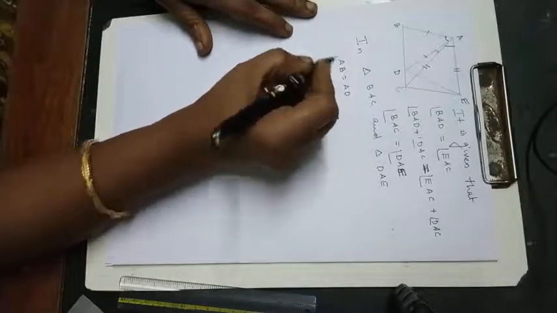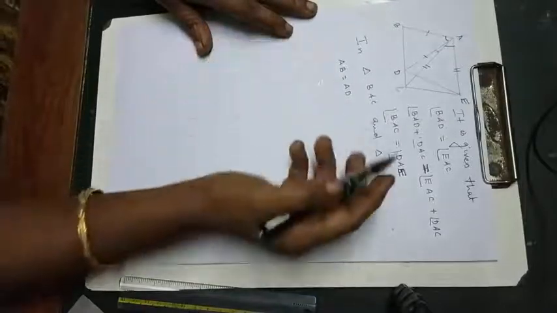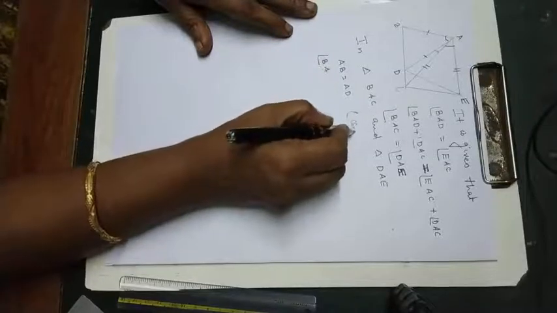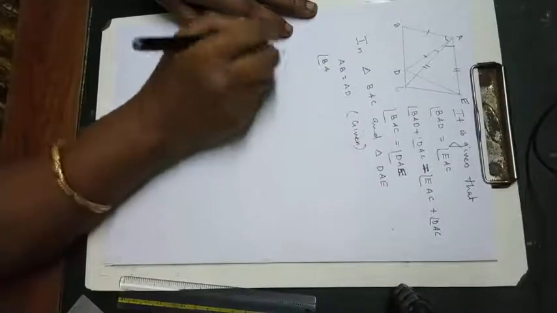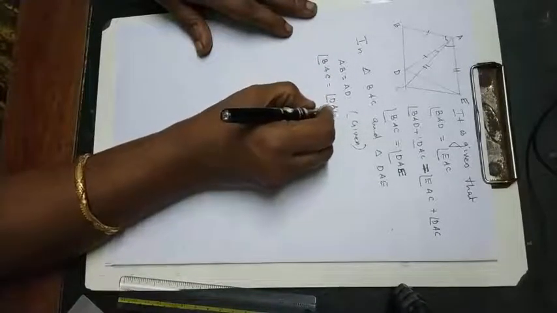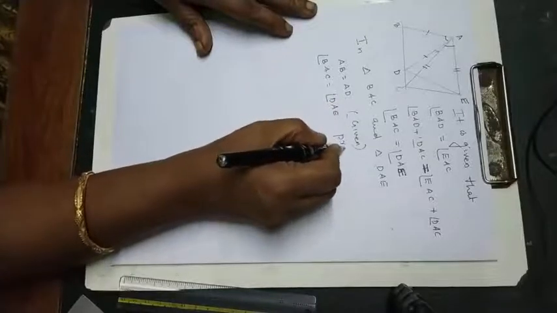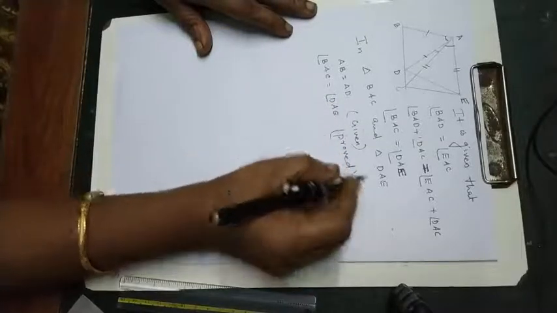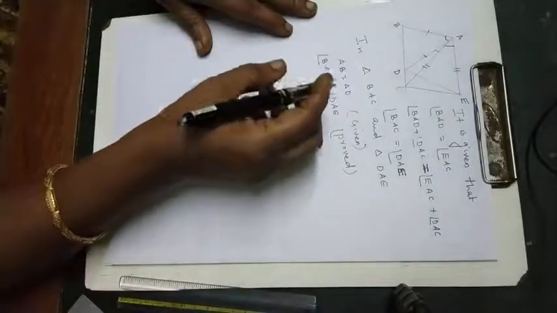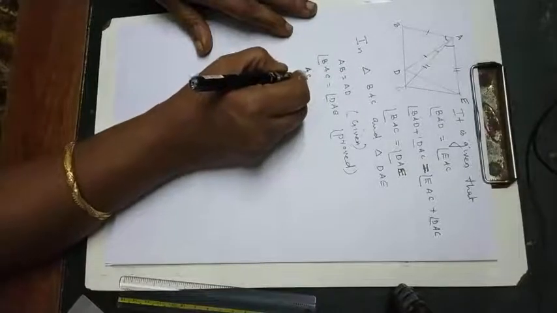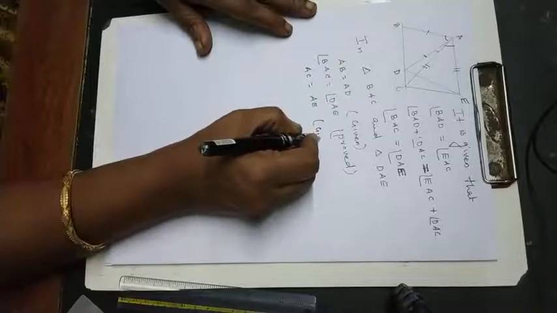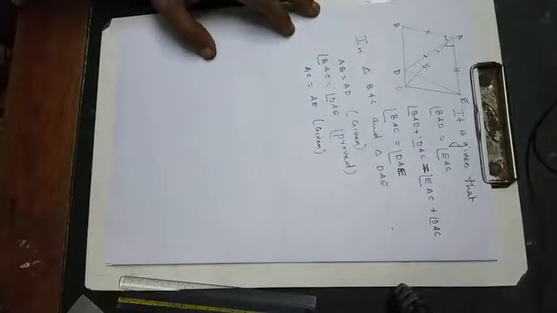Then angle BAC is equal to DAE, that is already proved. Now another side, it is given, AC is equal to AE, that is also given in the question.